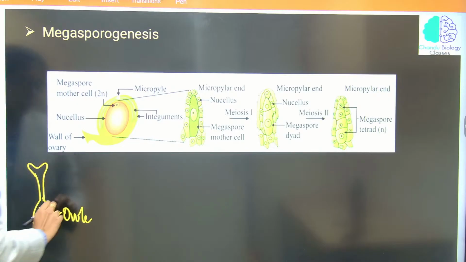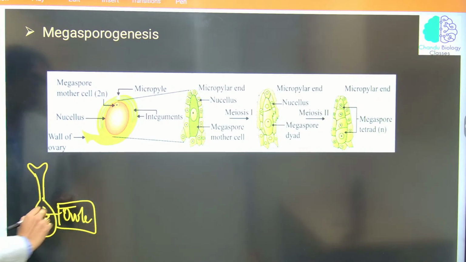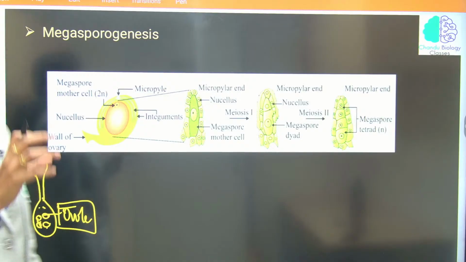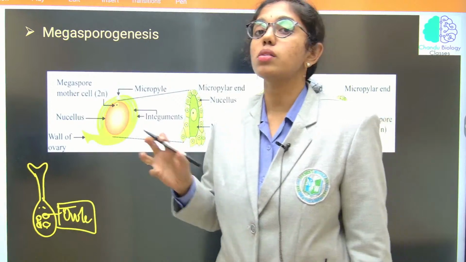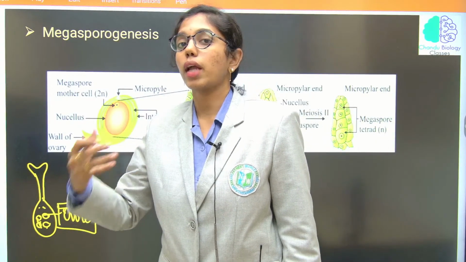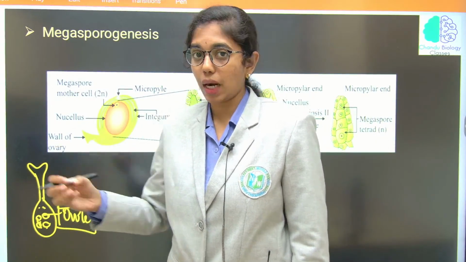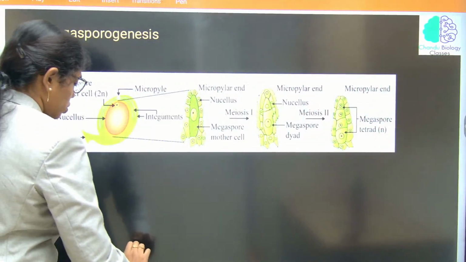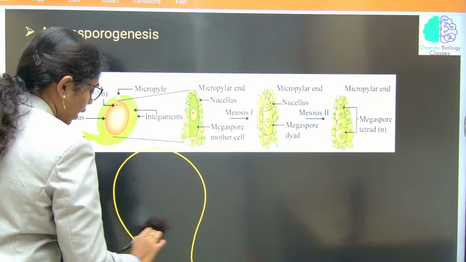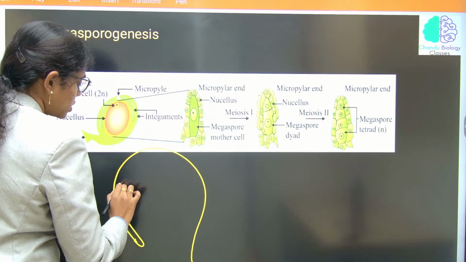And inside the ovule we have learnt the labelling of the ovule diagram, the structure of ovule and the different types of ovules based on different plants. Mostly in angiosperms the ovule is inverted.